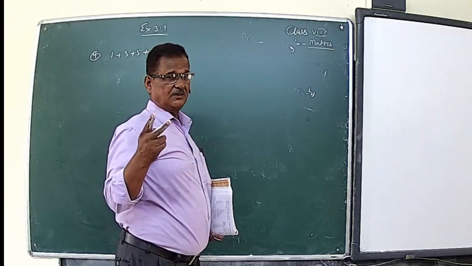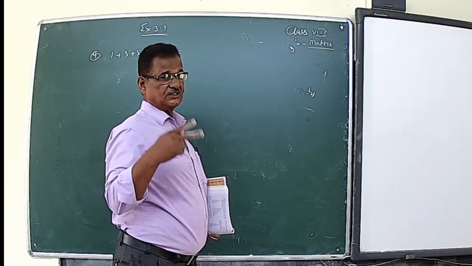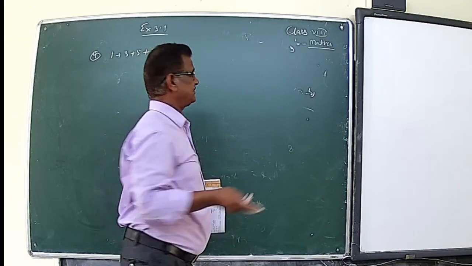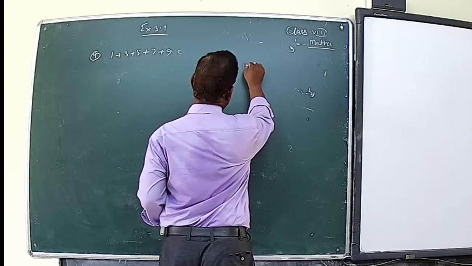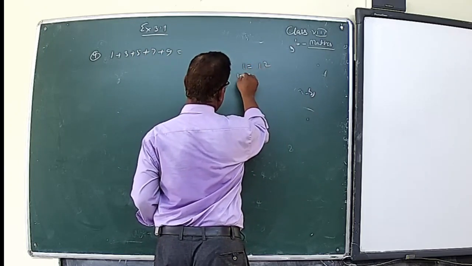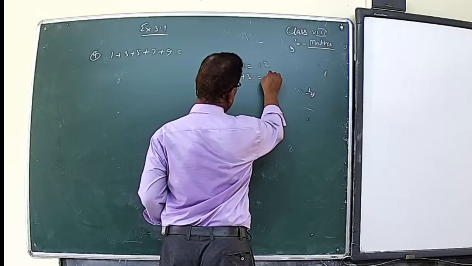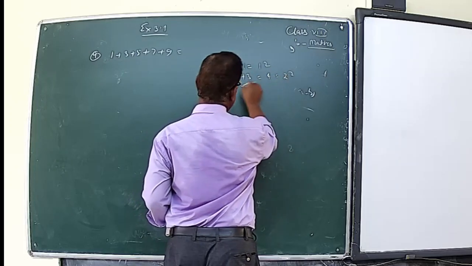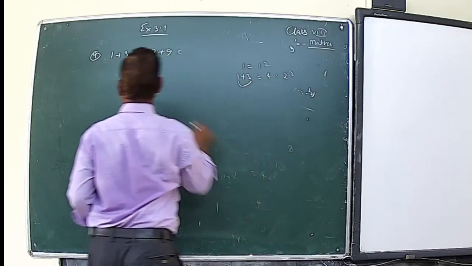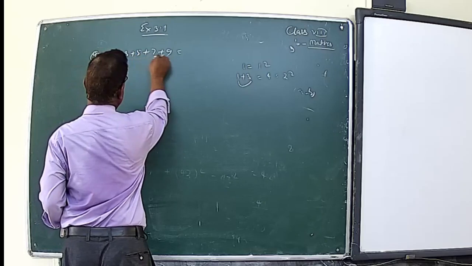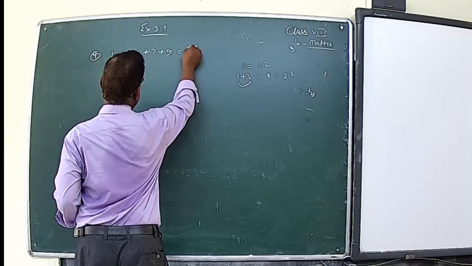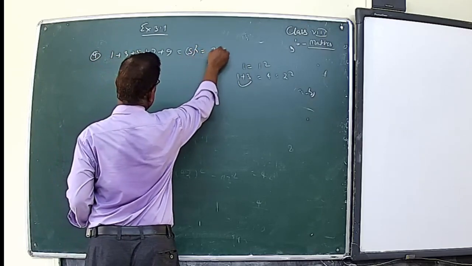The sum of two odd numbers is the square of 2. The sum of three odd numbers is the square of 3. You know already, 1 is 1 squared, 1 plus 3 is 4, that is 2 squared, two odd numbers. Similarly here there are 1, 2, 3, 4, 5 numbers, so 5 squared is coming, which is 25.